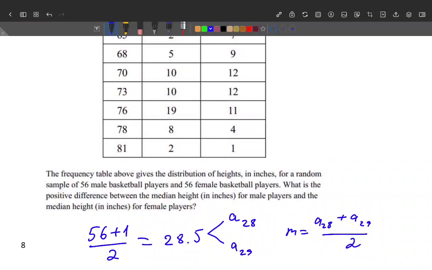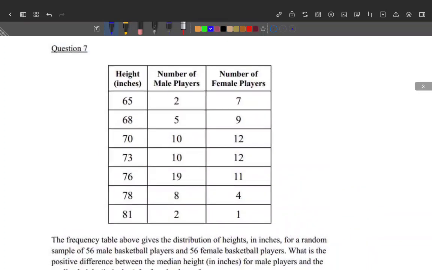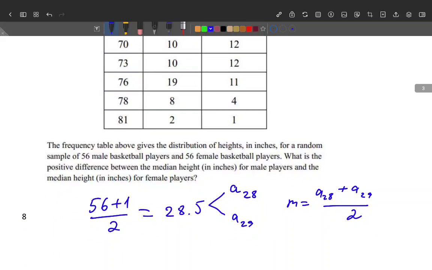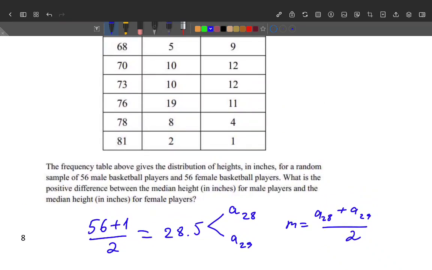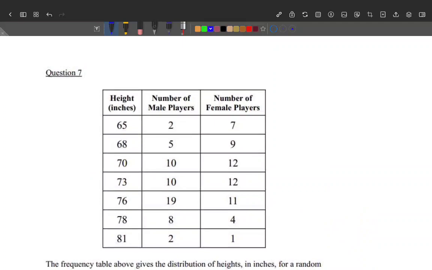Then I need the height of the player with the order 28, if we put our data in an ordered list. Okay, A28, let's calculate. Until second here, until 7, it means here A1 and A2. It means A3, A4, A5.